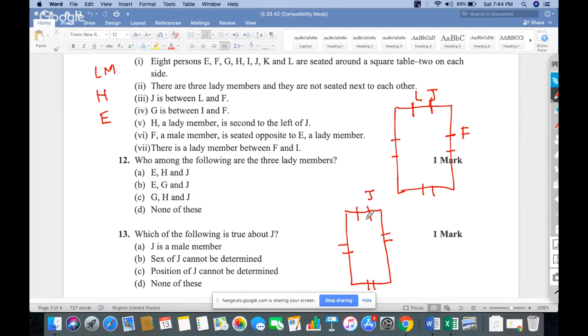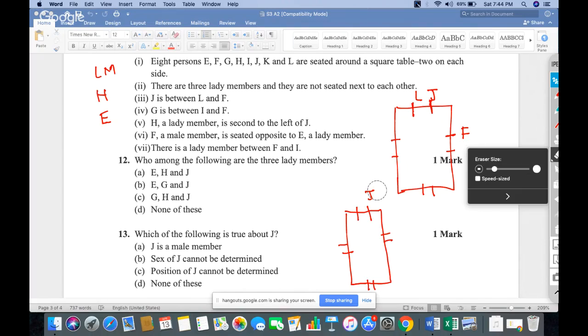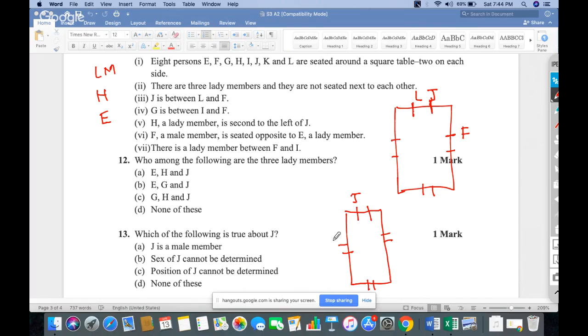If J is sitting here, sorry, once again, give me a moment. If J is sitting here, then L can be here and F can be here. But you can say that if J is sitting between L and F, why can't I interchange the places of L and F? So for that, I'll have to make two other possibilities, and I'm making those two other possibilities.